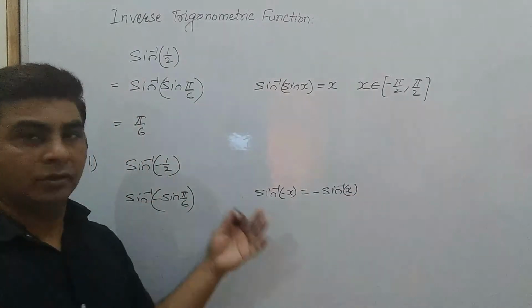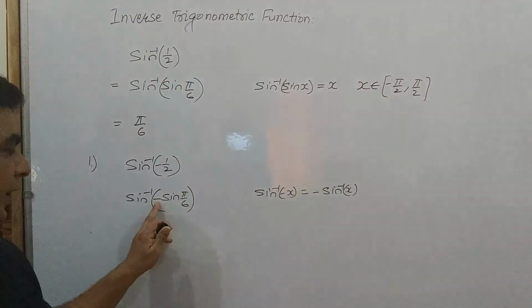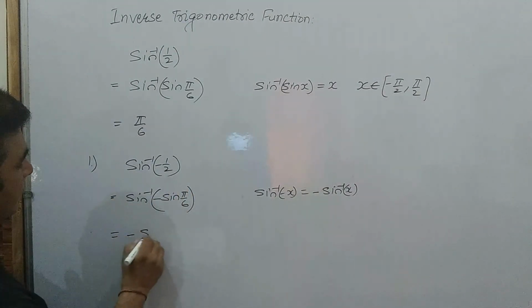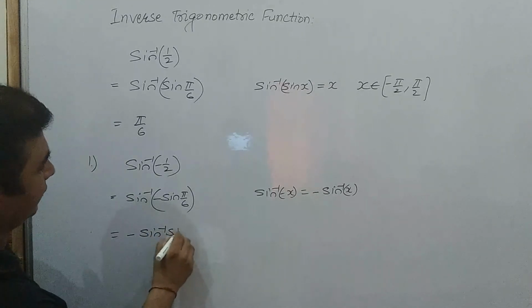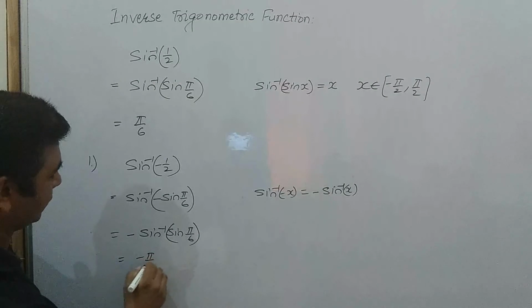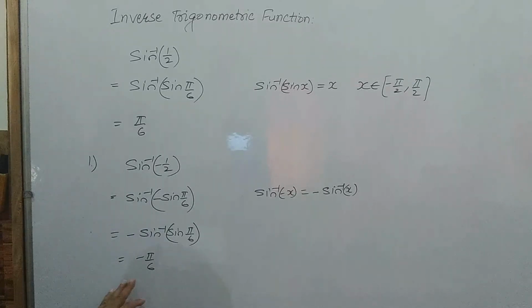I have just told you in the last video. So this can be written as minus sine inverse sine pi by 6, which is equal to minus pi by 6. So this is the answer of the first question from your NCERT book, which is minus pi by 6.